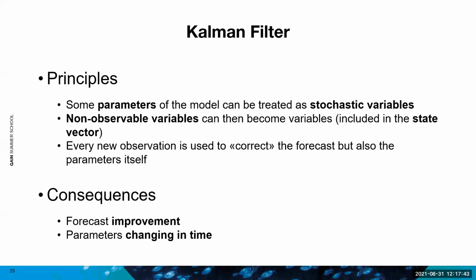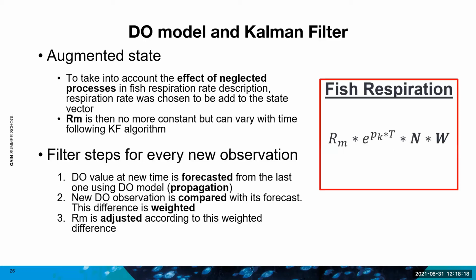And then the Kalman filter, as every data assimilation method, uses every new observation that is available to correct the forecast, but also the parameters themselves, and also the non-observable parameters you decided to be variables. The consequence, as I already said, is that you improve your forecast and you have some parameters that are changing in time.